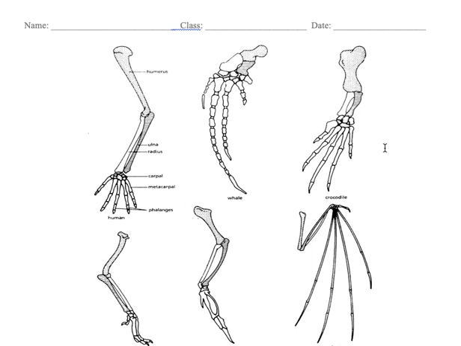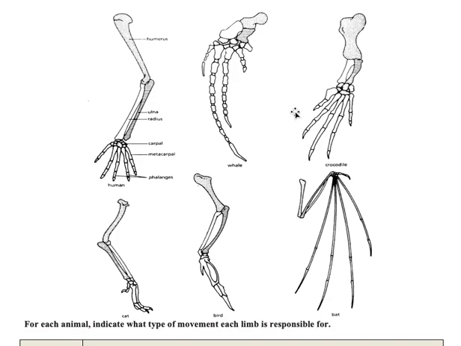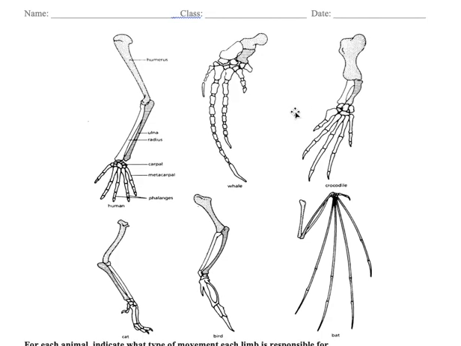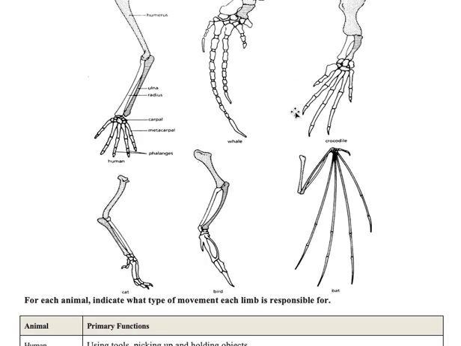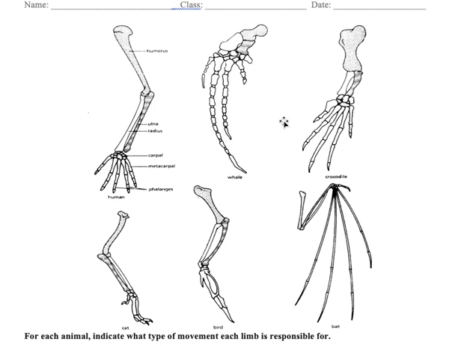They have different functions, but the structures are very similar. Homologous structures. We're going to explore comparative anatomy in another video, but I would like for everybody to go ahead and make sure that you understand that these are homologous structures and the different parts of those structures.